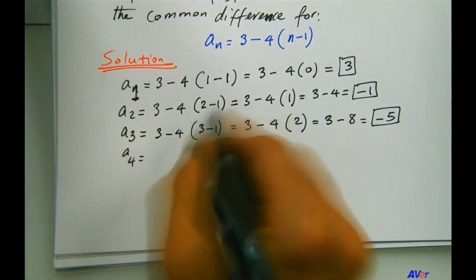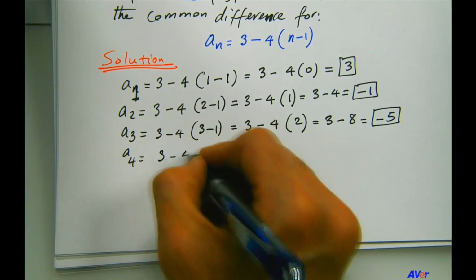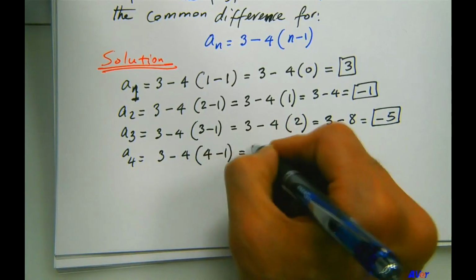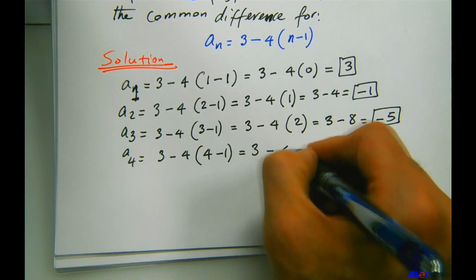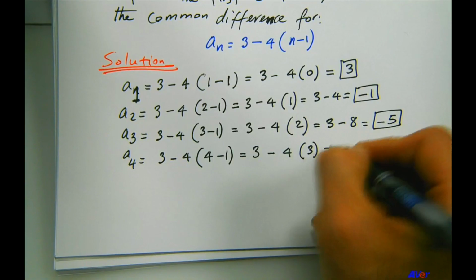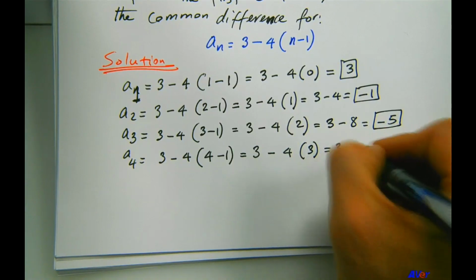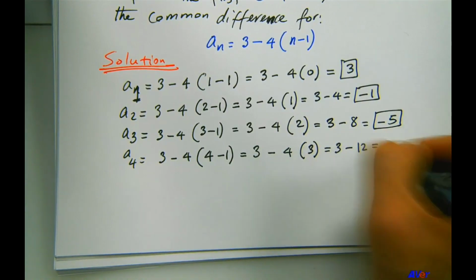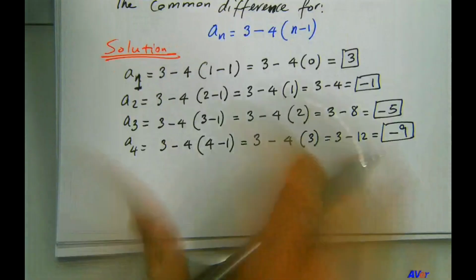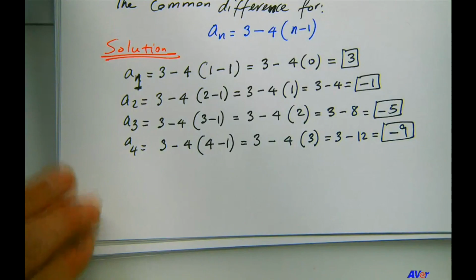a4 would be 3 minus 4 times (4 minus 1). So 3 minus 4 times 3 equals 3 minus 12, and this will be minus 9. One more number, and then we'll have to find the common difference.